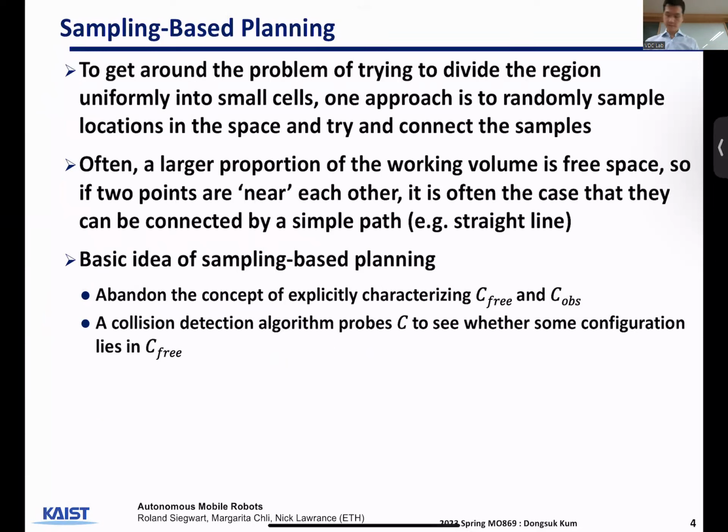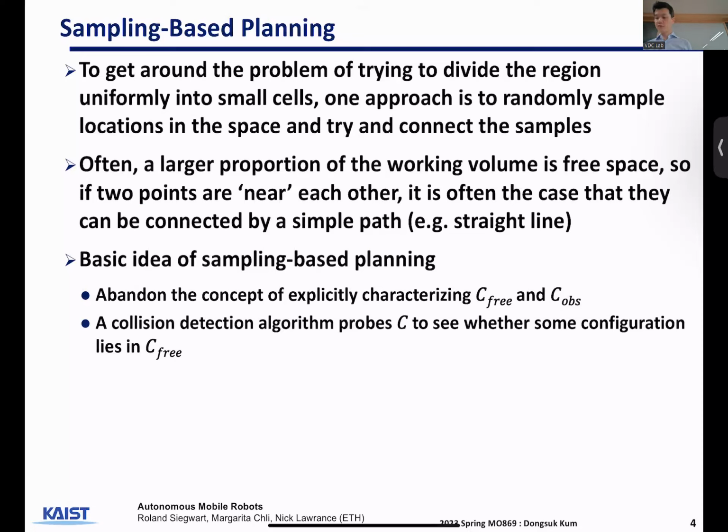Sampling-based planning. Please recall last lecture, the graph construction and search algorithms. We used different graph construction methods, but many of them had downsides. Let's go over this description. To get around the problem of trying to divide the region uniformly into small cells, one approach is to randomly sample locations in the space and try to connect the samples.